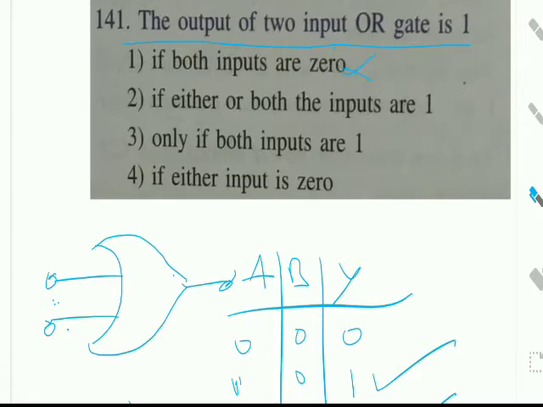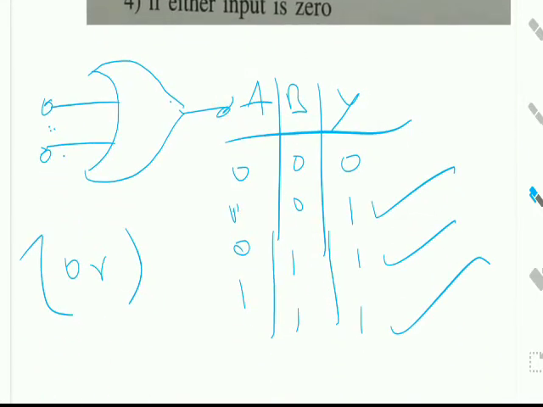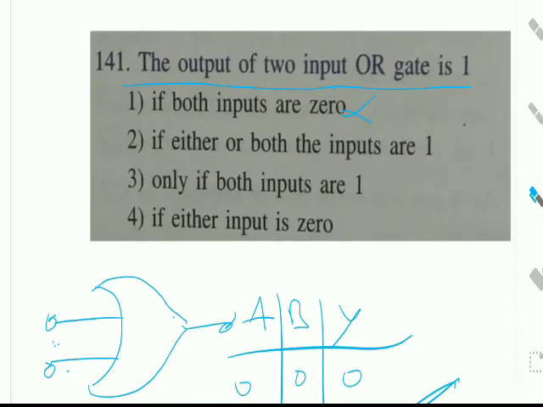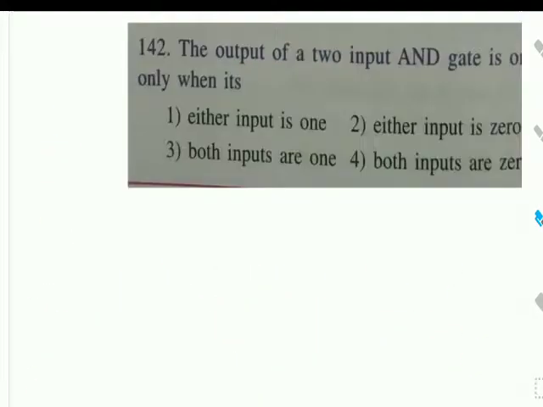If either or both of the inputs are 1, look here, 1 0 gives 1, right? 0 1 gives 1, right? Either or both are 1, the output is also 1. So the second one is the right answer.